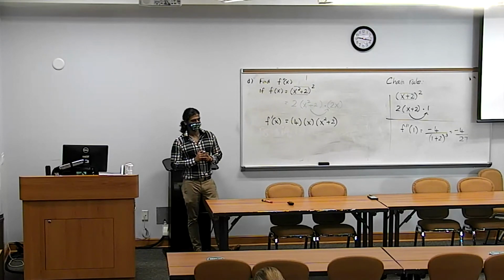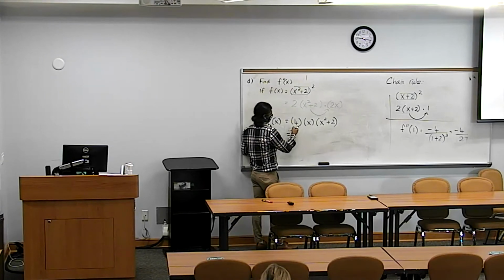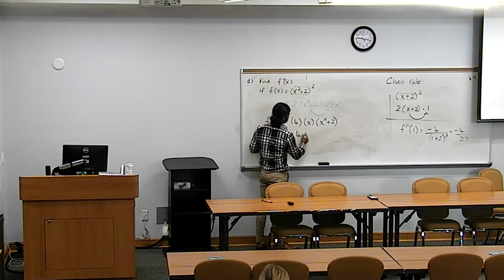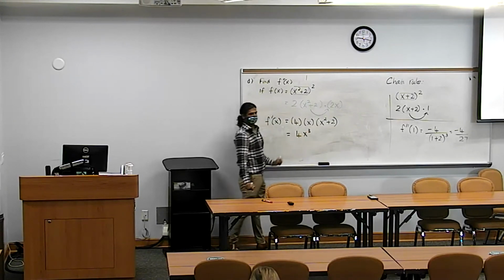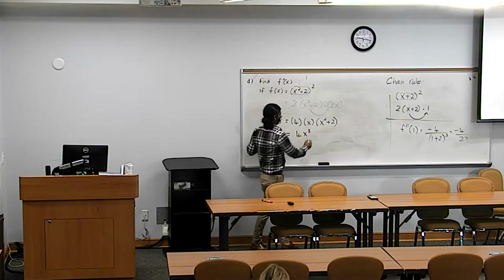How about this? I'm going to rewrite. 4x times x squared is 4x cubed. Yes? 4x times 2 is 8x.